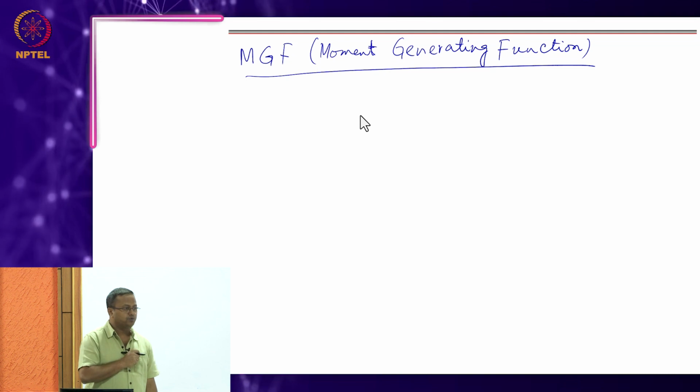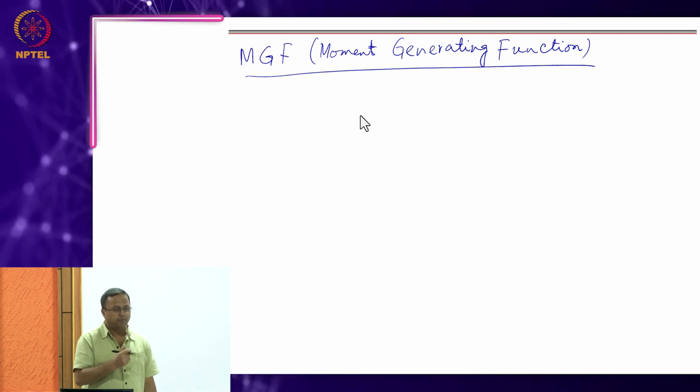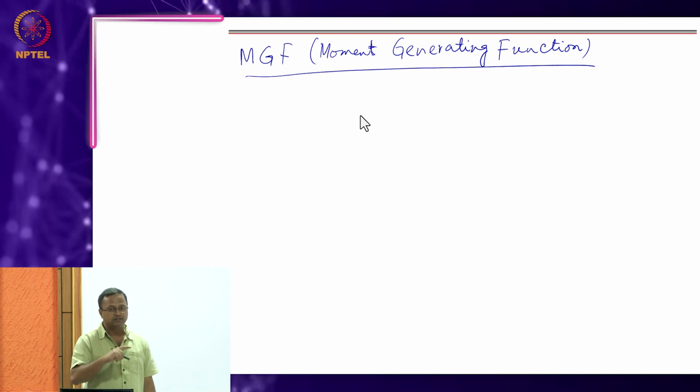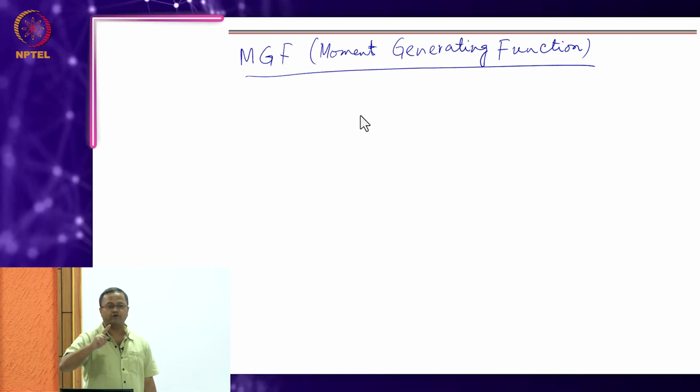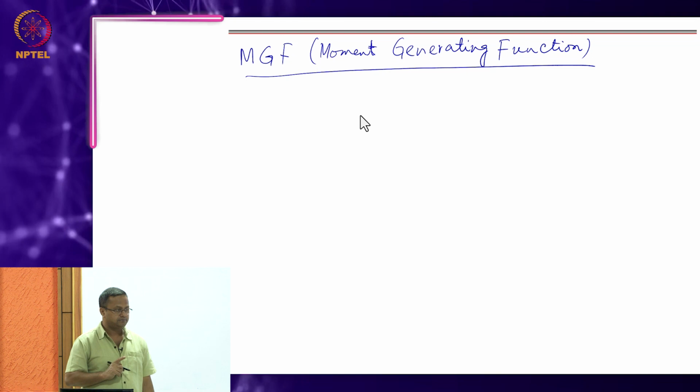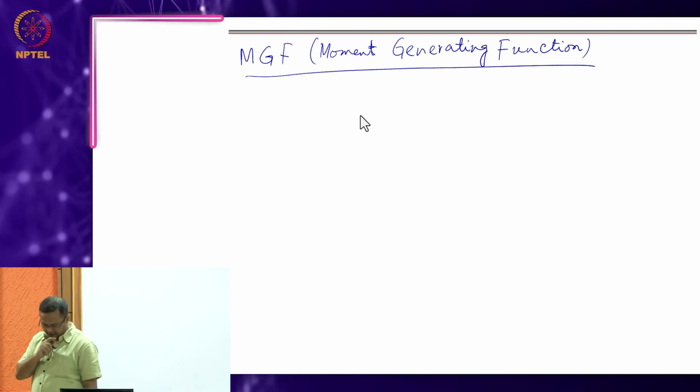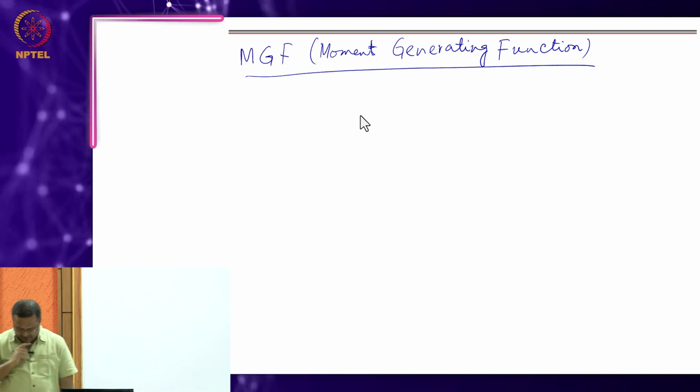So, what we will try to do is get a particular function of a random variable from which we can generate all moments of that random variable. Those kinds of functions are known as moment generating functions. Okay.